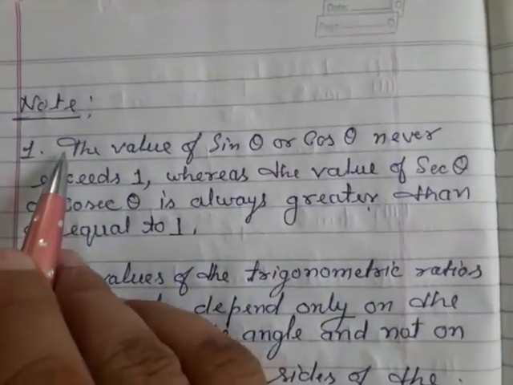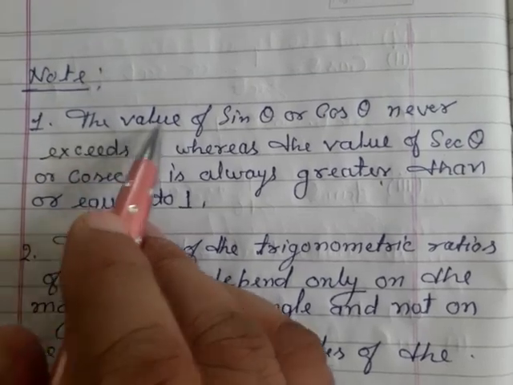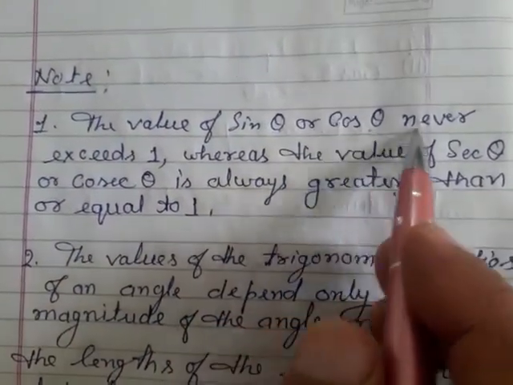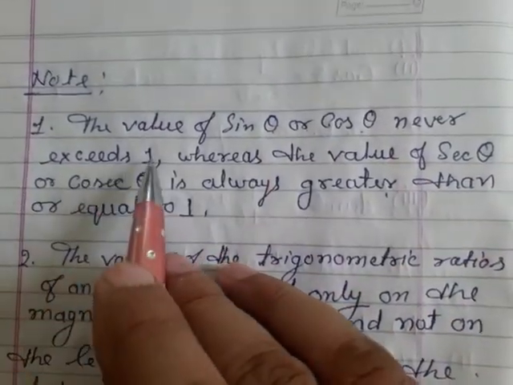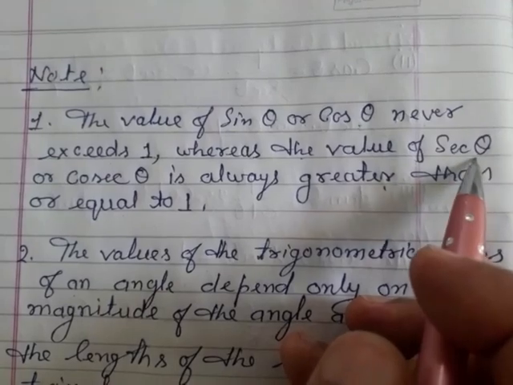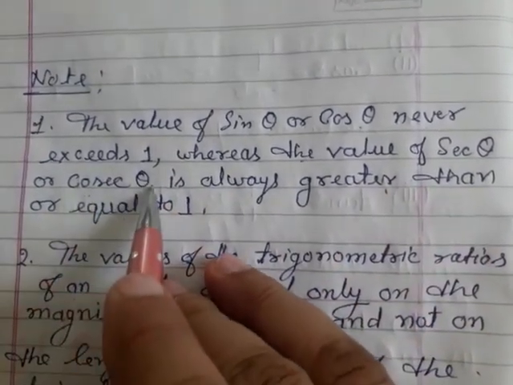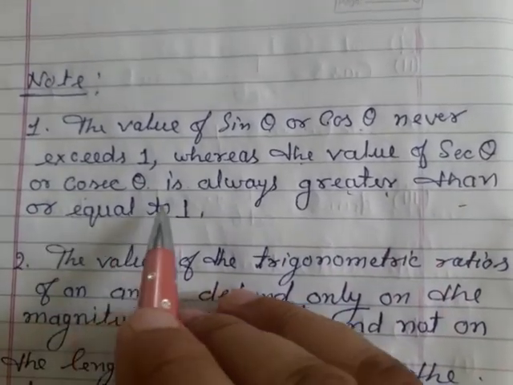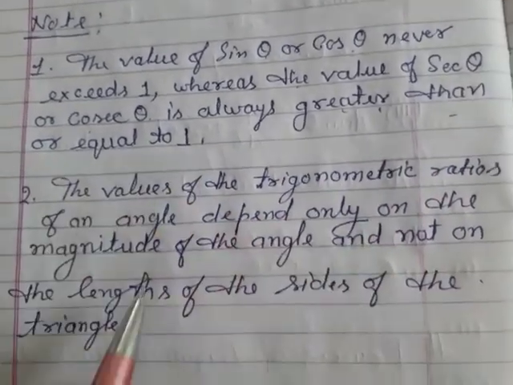Note here, the values of sin theta or cos theta never exceed 1, whereas the values of sec theta or cosec theta are always greater than or equal to 1. Now here is the second note.